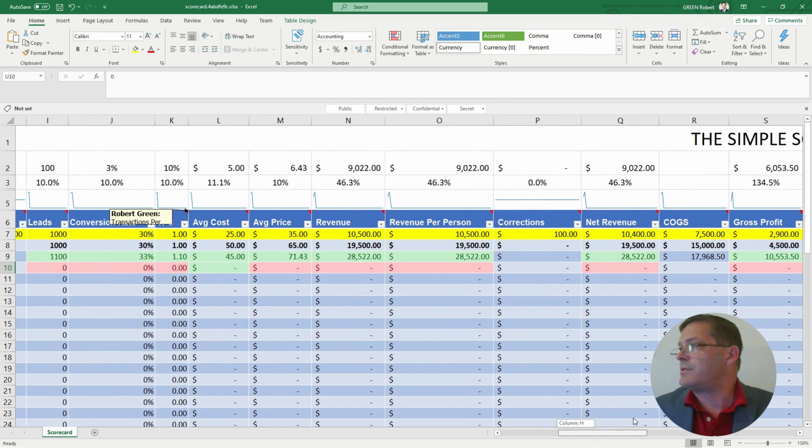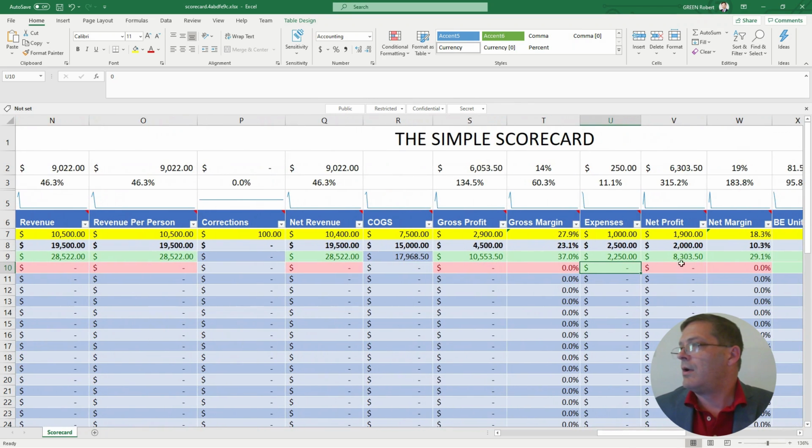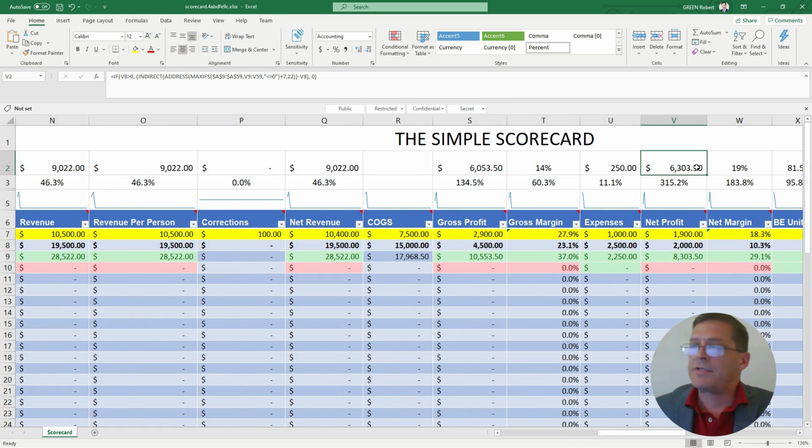Our net profit increases over here to the right, based on all these changes from 2,000 to 8,300. That is an increase of $6,300 in net profit. Our net profit has grown 315% just by making a few tweaks to each of these categories.